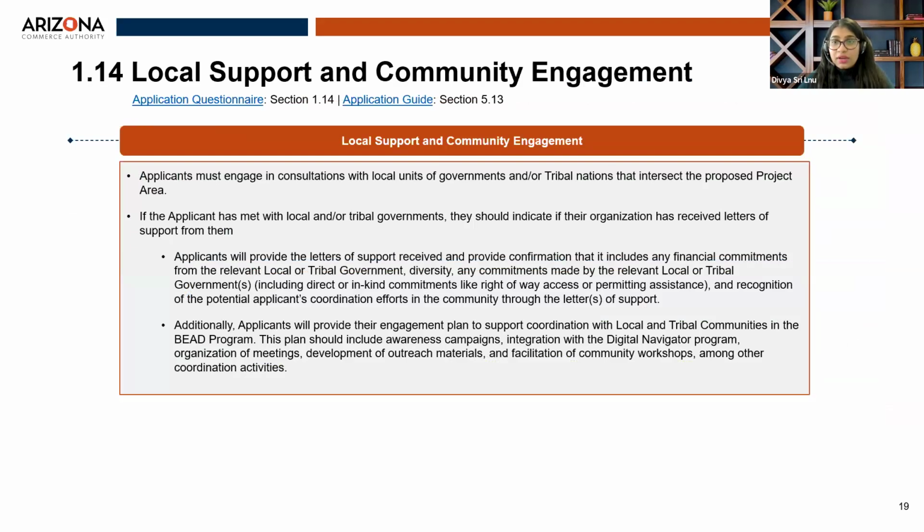That could provide a confirmation of any financial commitments from the relevant local or tribal government, or any direct or in-kind commitments that have been provided with the letters of support. Following that, the applicant will be required to provide the engagement plan to support the coordination with the local and tribal communities and governments. This could include organization of meetings, development of outreach materials, and things specific to that. And both of these responses will be scored.